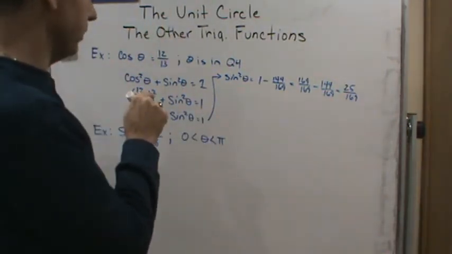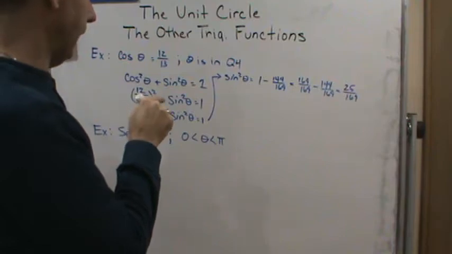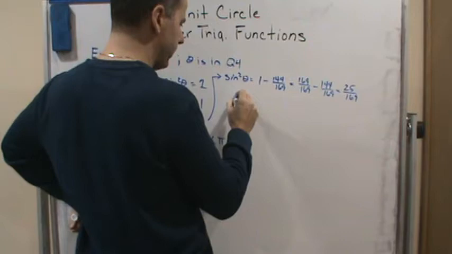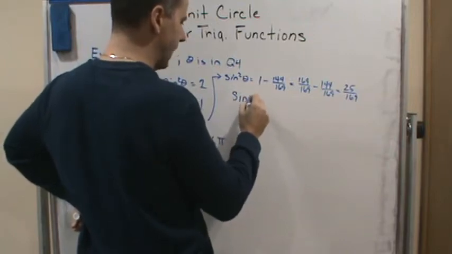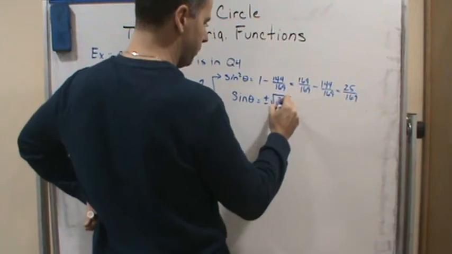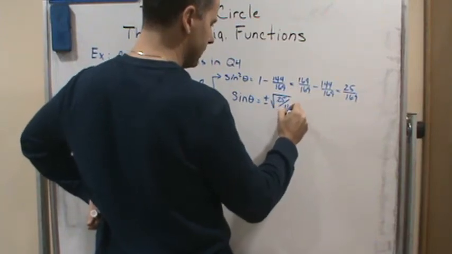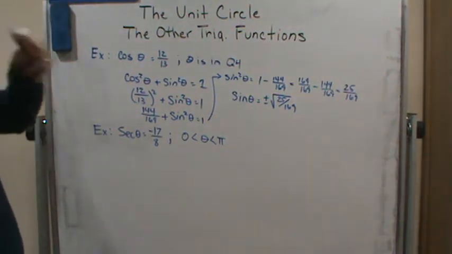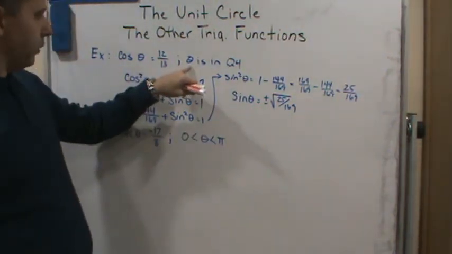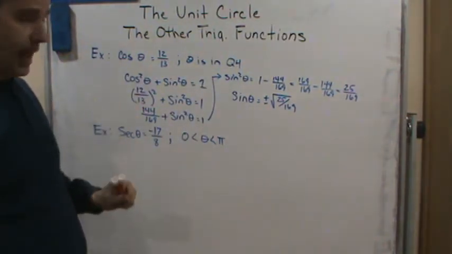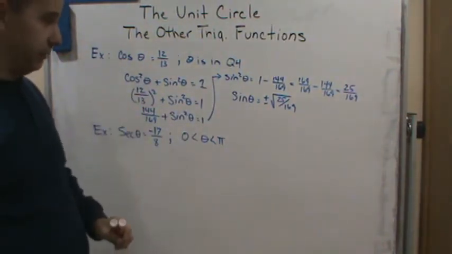But, okay, so now, let me just double check. Yeah, so now I'm going to take the square root of both sides. Well, if I do that, I'm going to get plus or minus. So I'm going to get sine theta equals plus or minus the square root of 25/169. Now I'm going to stop here for a second. The fact that this angle, theta, is in the 4th quadrant tells me that sine is going to be negative, right?